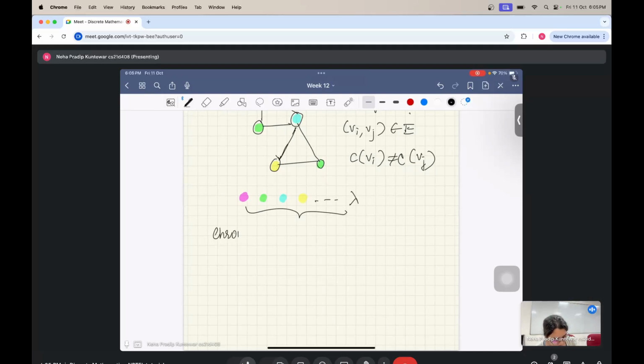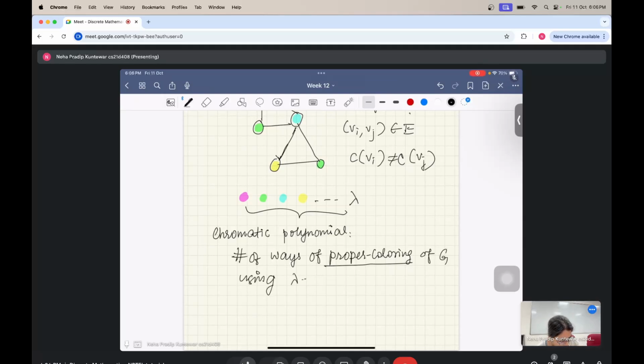The chromatic polynomial gives you the number of ways of proper coloring of a graph G using lambda colors. Okay, so we will see this with some illustrative examples.